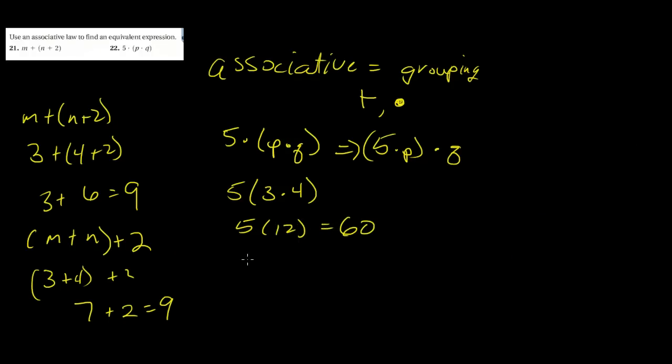And that's exactly the same thing as 5 times 3, which is 15, times 4, which is also 60. So that's the associative law. It has to do with grouping, which operations I'm going to do first. But as long as they're addition or multiplication, it doesn't really matter.